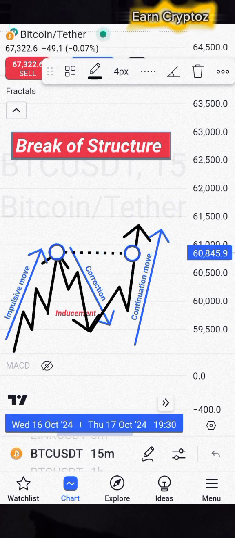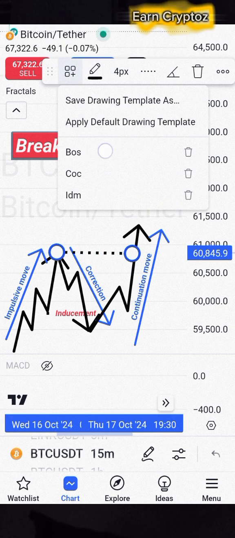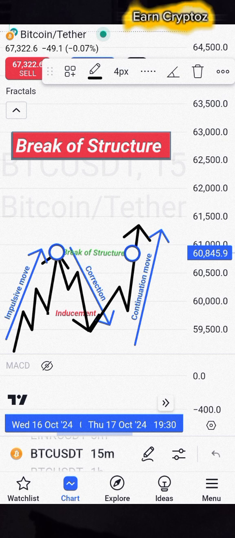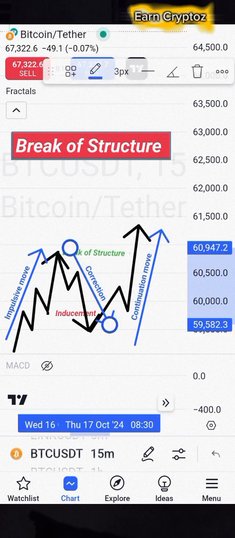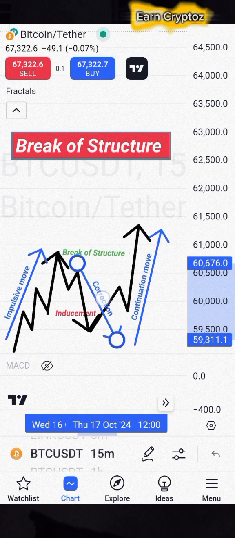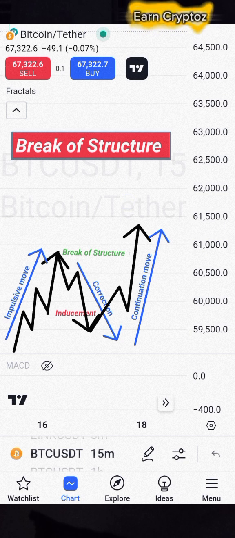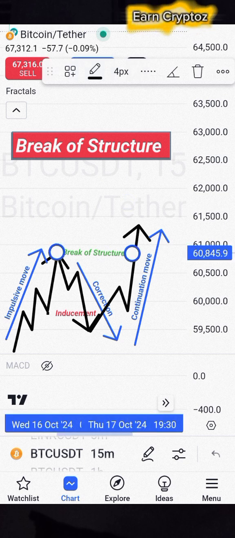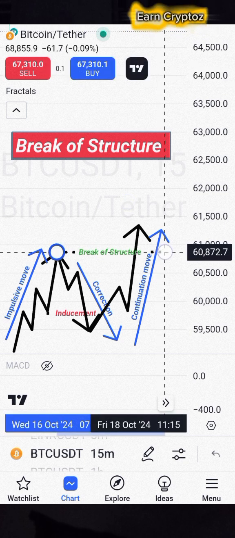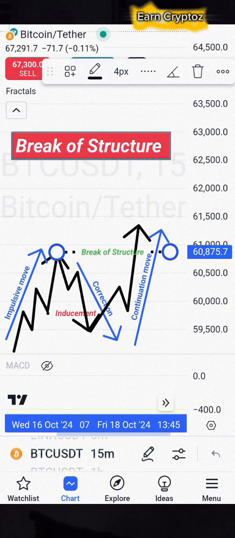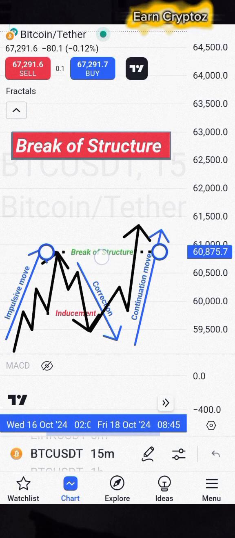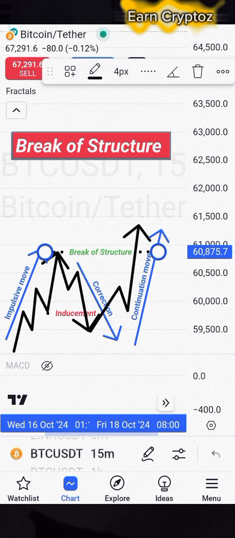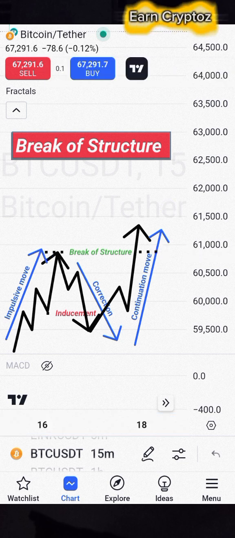Once we have another impulsive move, which is a continuation move, break above the first impulsive move, that is where we have our break of structure. Okay, so that's what we call BOS, or break of structure. It's as simple as that. So right there, just label it and put your break of structure right there.